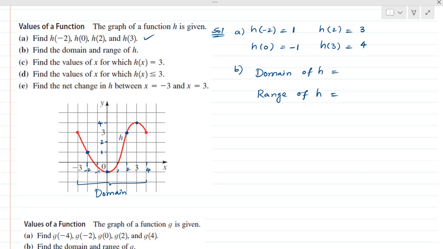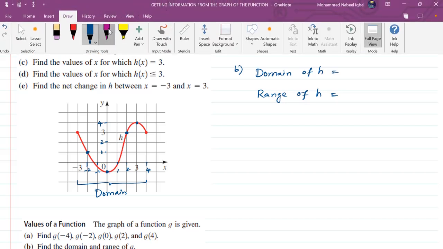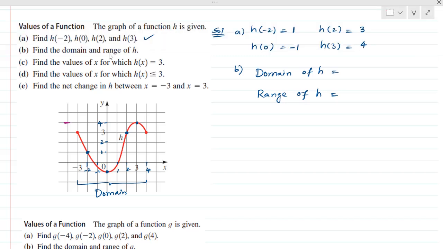And what about the range? The range is the y-axis. Where is the graph in y? It goes from 4 to minus 1. So this is the range.